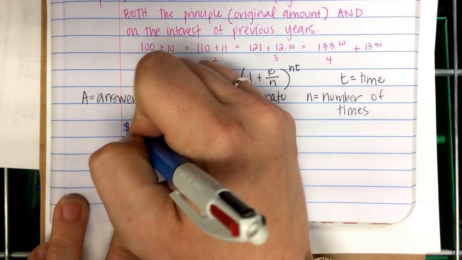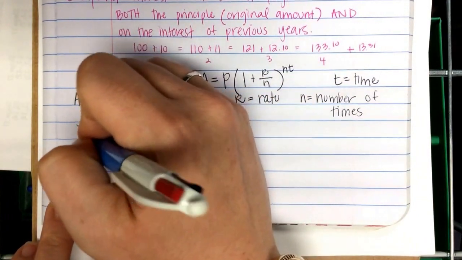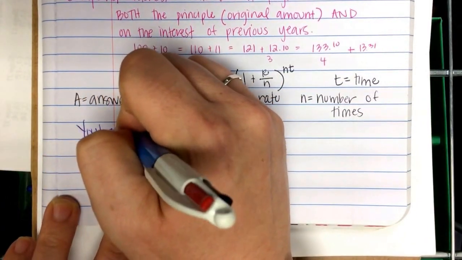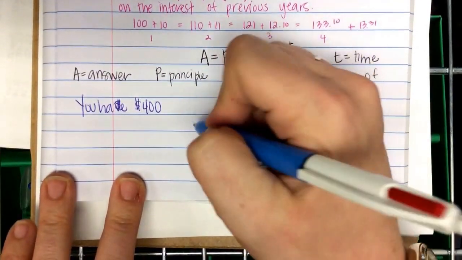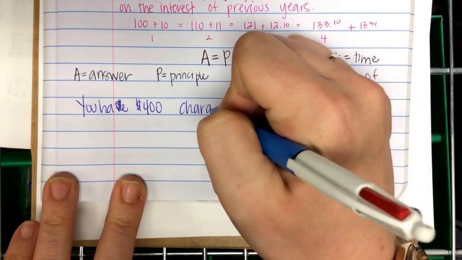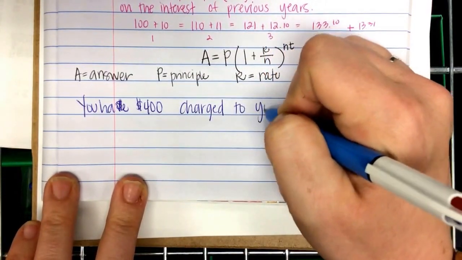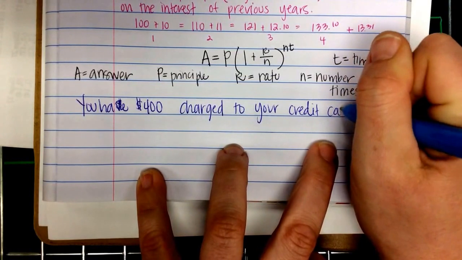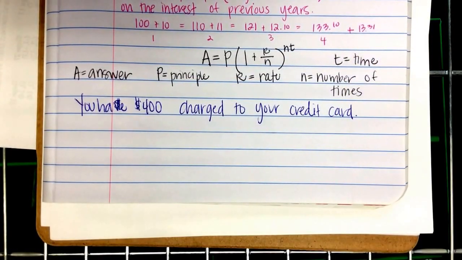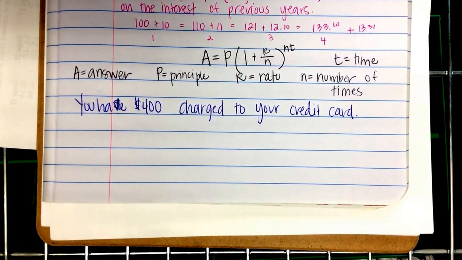All right, here we go. You have $400 charged to your credit card. It's not a lot, right?